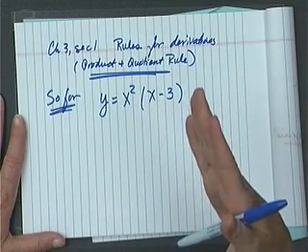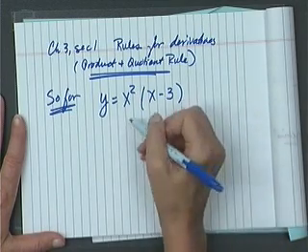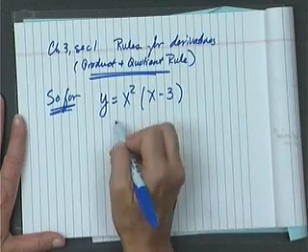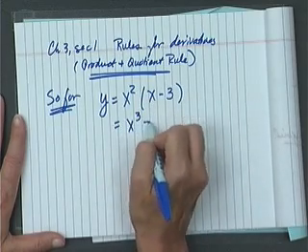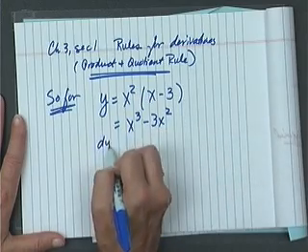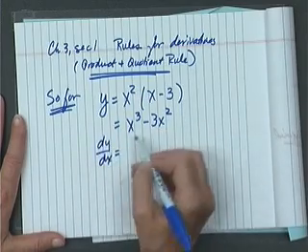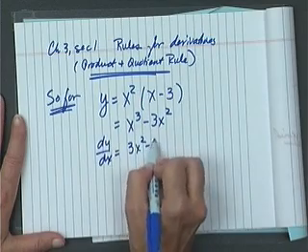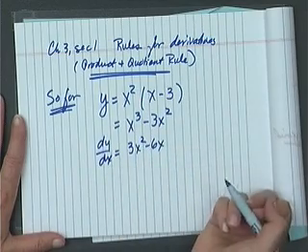You had to simplify it, multiply it out. You got x cubed minus 3x squared. And then you took the derivative and got 3x squared minus 6x, correct?